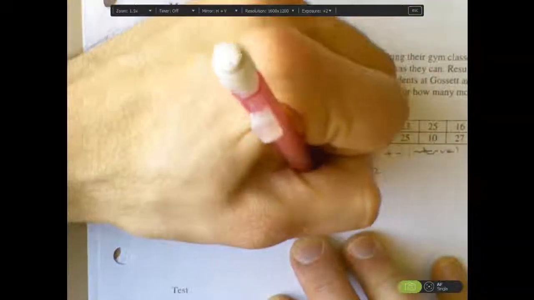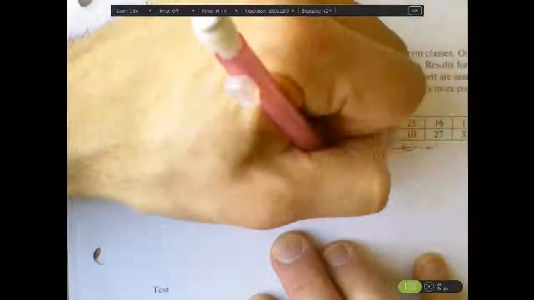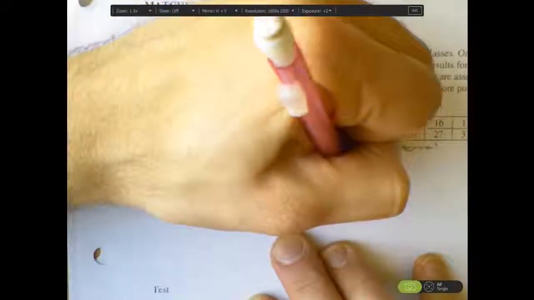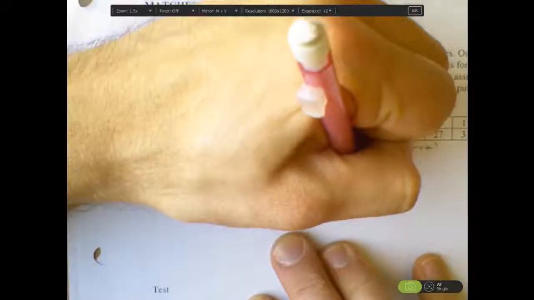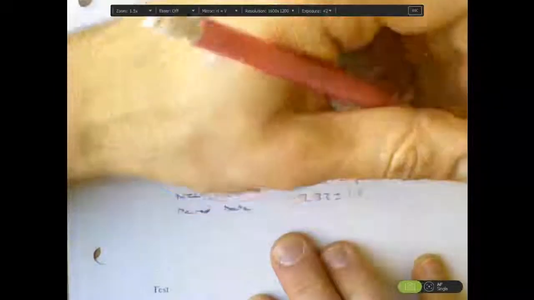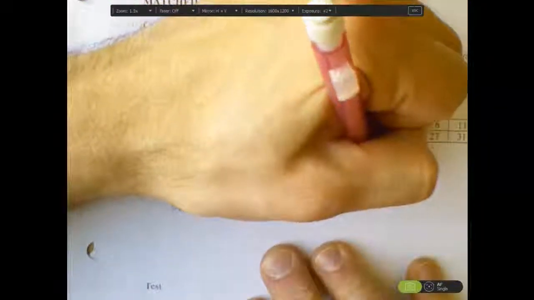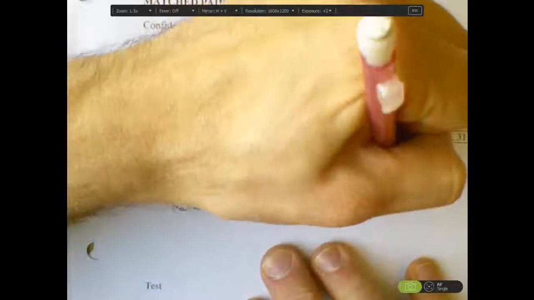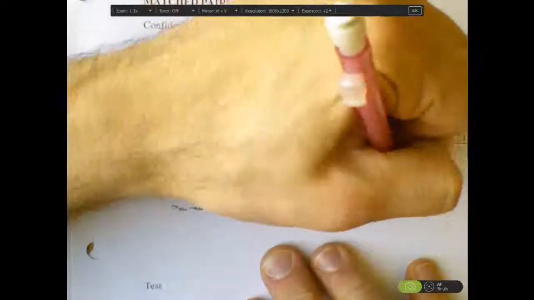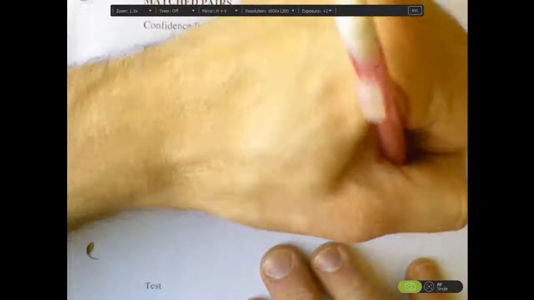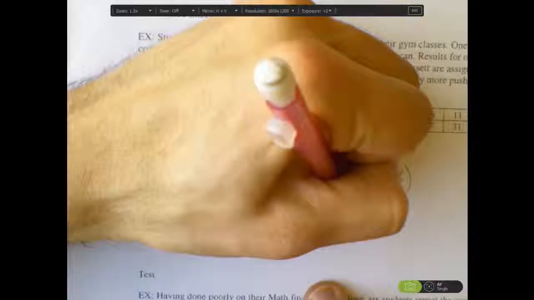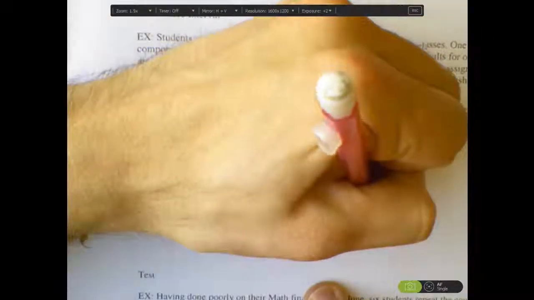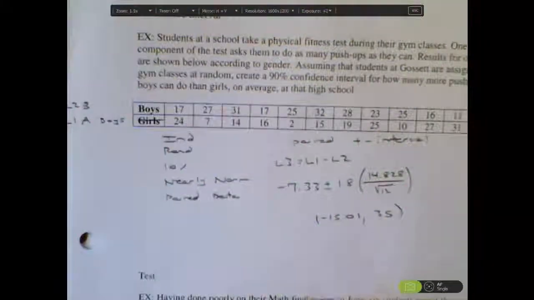So I'm going to take the mean difference, which is negative 7.33, plus or minus my critical value with 11 degrees of freedom, because I have 12 pairs minus 1. It looks like it's 1.8, times your standard error, your standard deviation of the sample divided by the square root of the sample size, and that's going to give me a difference of negative 15.01 to 0.35.